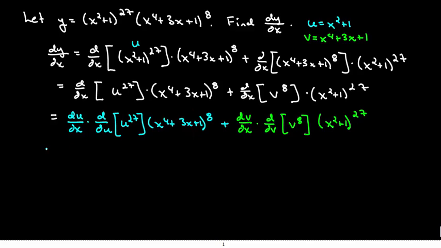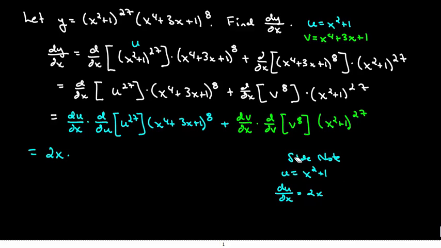So this guy over here, du dx, well here's u. So as a side note, since u is equal to x squared plus 1, then du with respect to x is equal to just 2x. So this guy right here is 2x.